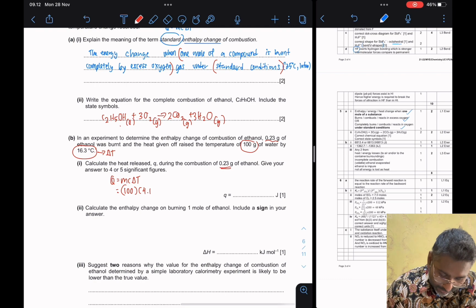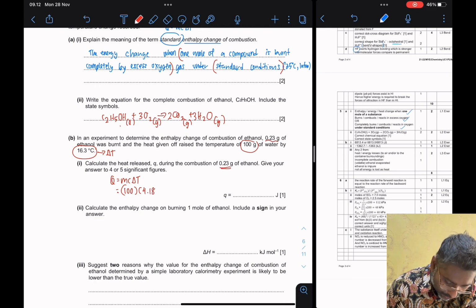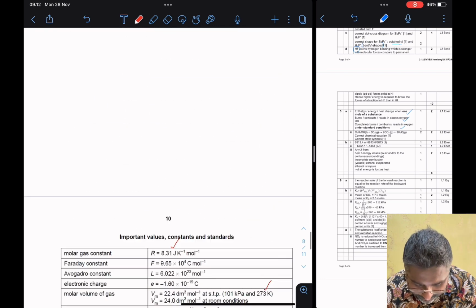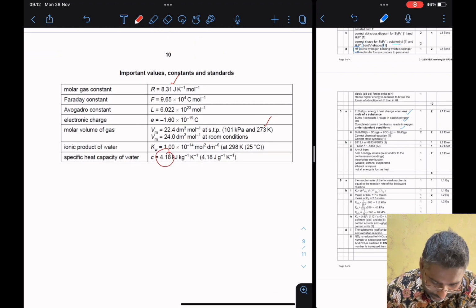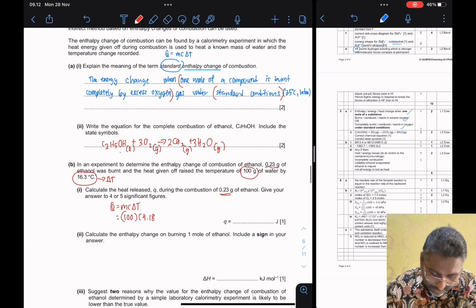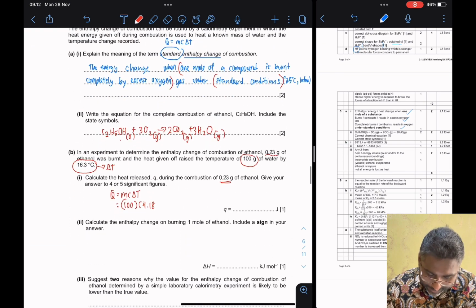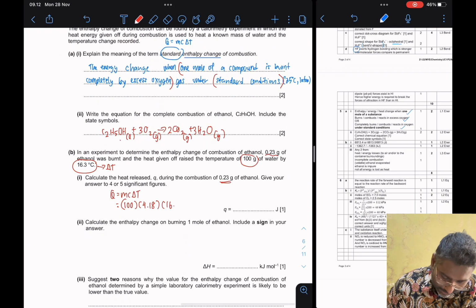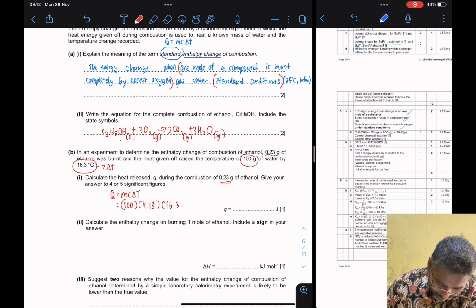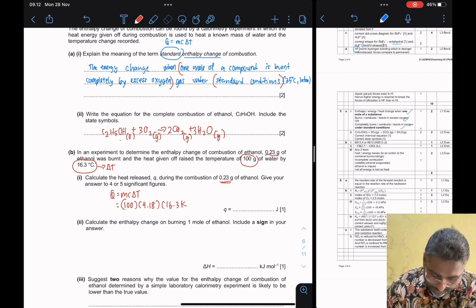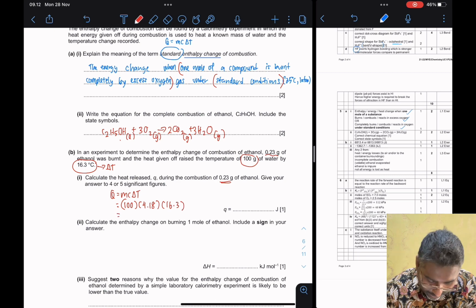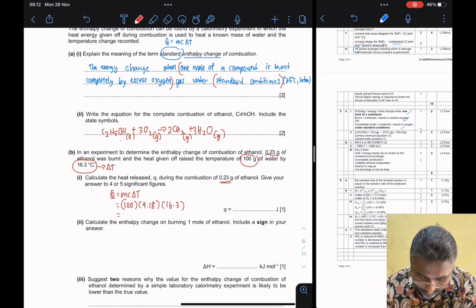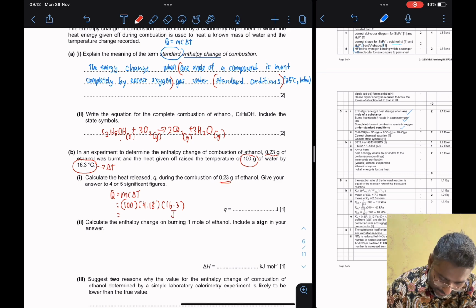The C is 4.18, given in the question, the specific heat capacity of water. And delta T, they have given 16.3. Degrees Celsius or Kelvin doesn't matter, it's just a change, and you find the value, which you will get in joules. Do remember that as well.